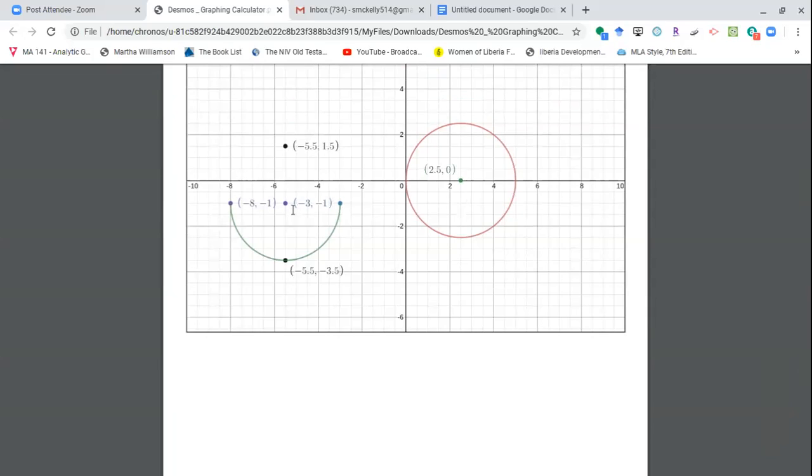So remember, this time I'm looking at the y coordinate, okay? So -5.5 is that -11 halves. That's the middle of this point right here, the x coordinate. The y coordinate is going to be, this is where I made the error, okay?